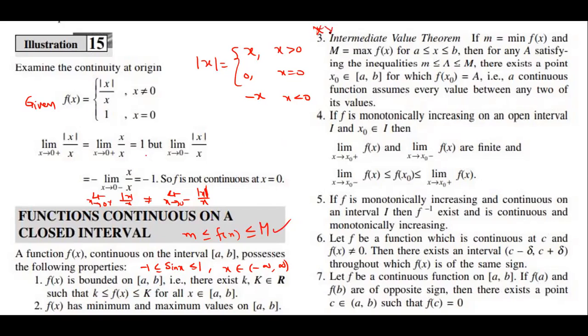Third point, see, dear students, triple star question, property. Intermediate value theorem.